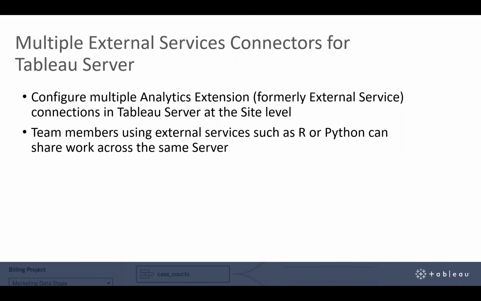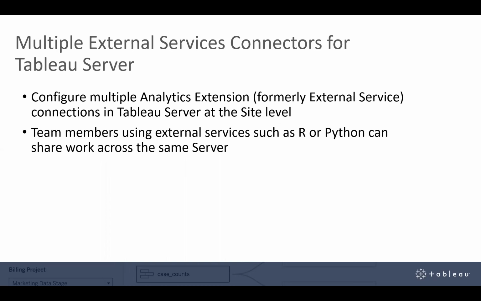So what do we have around IT governance? Now server administrators can configure multiple analytics extension connections in Tableau Server. Before, this was formerly known as external service, and administrators could only set one per site. So if some people were using R and some were using Python, you had to choose for the whole server.